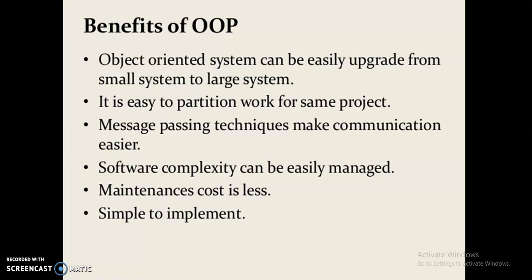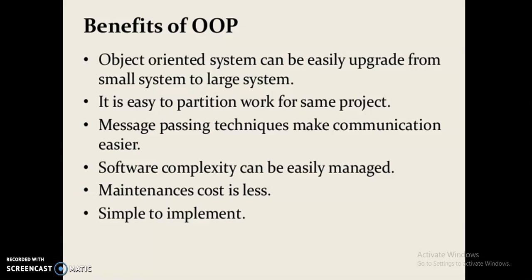Next is the benefits of OOP. An object-oriented system can be easily upgraded from small systems to large systems. It is easy to partition work for the same project. Message passing techniques make communication easier. Software complexity can be easily managed because of the partitioning of work.